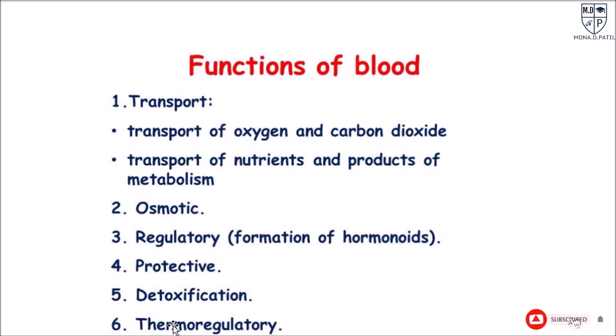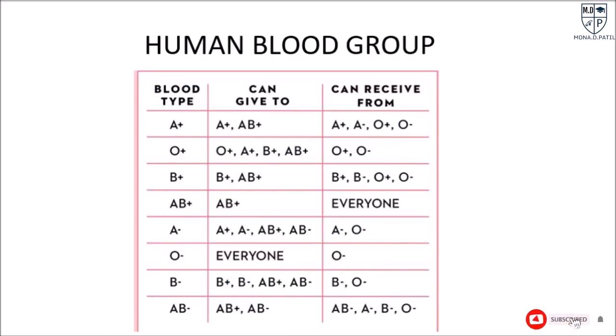Maintaining the balance of minerals like sodium and potassium in the body. Then, if bleeding occurs at injury, platelets and a protein called fibrinogen form the clot and seal the injury, which is very important. Osmotic means to maintain the fluid as compared to the outer condition. So like this, these are the functions of blood.